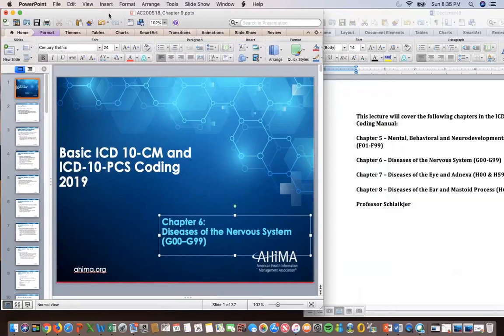So when you look at the G89, it tells you exactly what's stated in that chapter-specific guideline. So G89, pain not classified elsewhere, could also relate to psychological factors associated with the pain. So we have F45.42. There's an Excludes1, Excludes2, and then, as I've taught you in the past with our last chapter, that is the beginning of the section, other disorders of the nervous system, which is above the code G89. You're looking at codes G89 to G99.